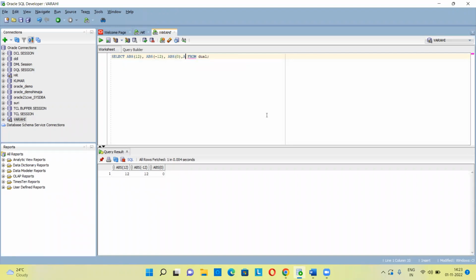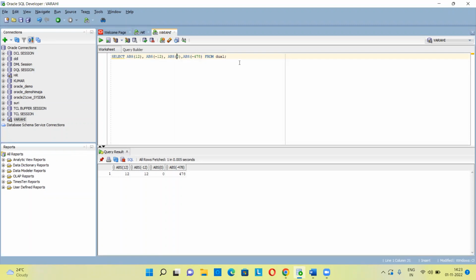Just for your purpose, one more example, minus 478. What is the output? Same, 478 only. It is just giving the absolute value, simply to say without the minus symbol.